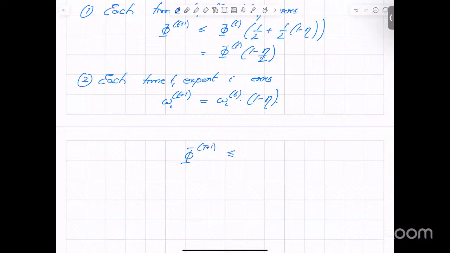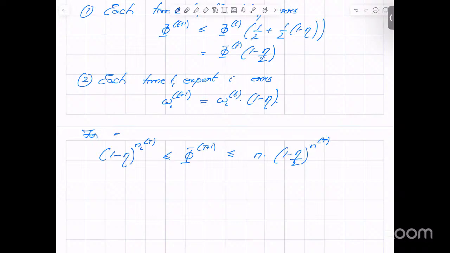On one hand, this will be n times 1 minus eta by 2 into n of t. So it originally started off with n and is reduced by factor 1 minus eta by 2 each time the algorithm erred n of t times. It's lower bounded by 1 minus eta to the power ni of t, each expert.